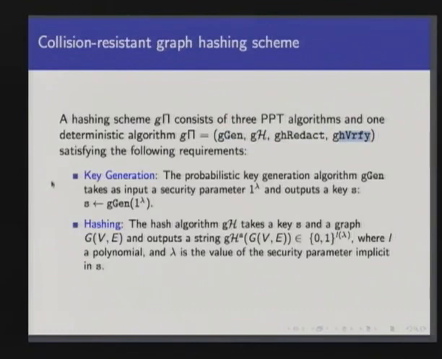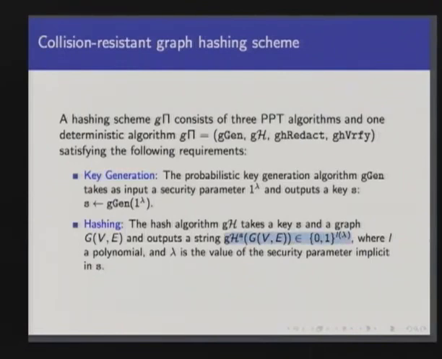Basically, in all of these schemes, the first part is the key generation algorithm. We generate a key which we give as input to the hash function for computing the hash value of a graph. The function generates that key using some random computation. That's why this is called a probabilistic key generation algorithm.